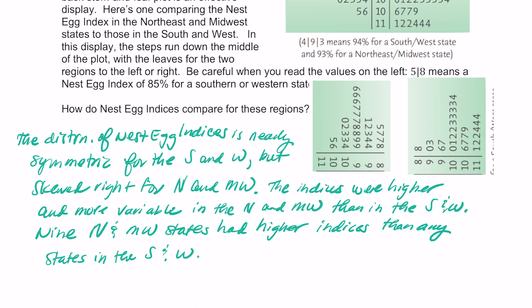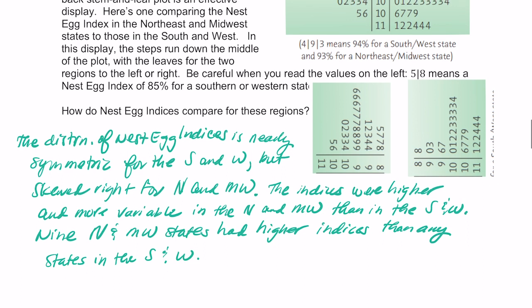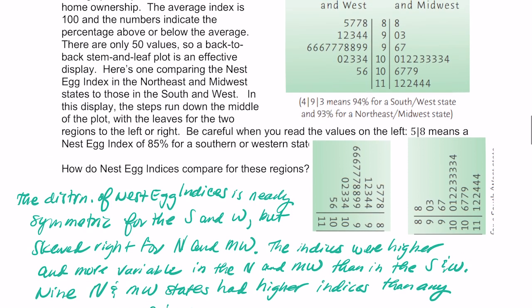Okay, so what's the big picture here? When looking at this, would you say that one region is more prepared for retirement than the other? And if so, what would that be? If you answered the Northeast and Midwest, you would be correct. They tend to be a little bit better prepared for retirement than people in the South and the West. And you can see that because they have slightly higher values, right?